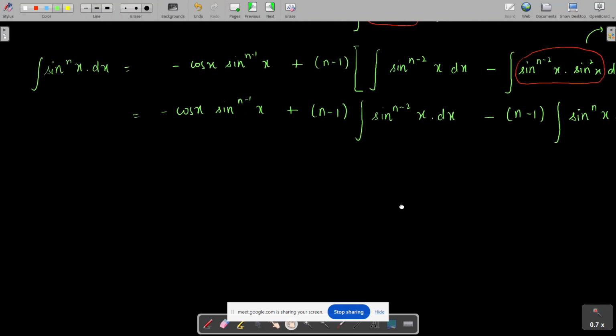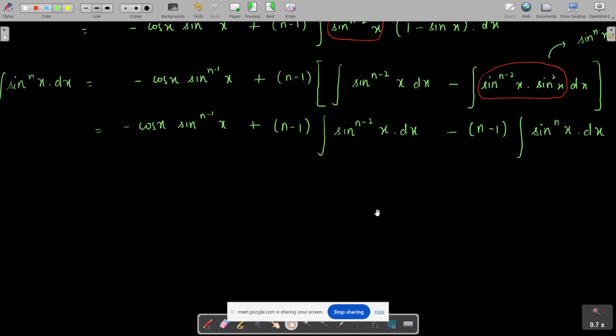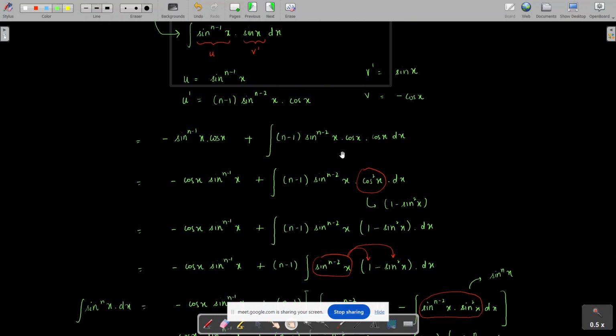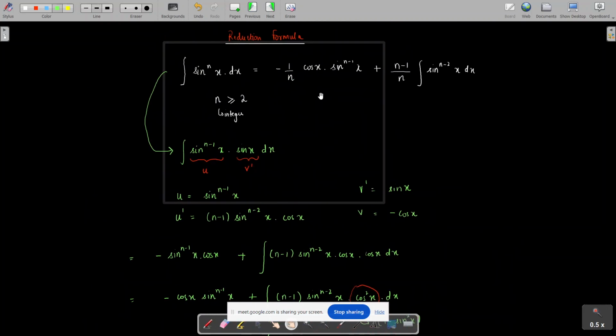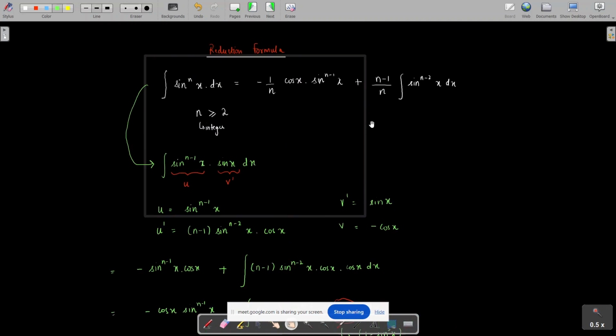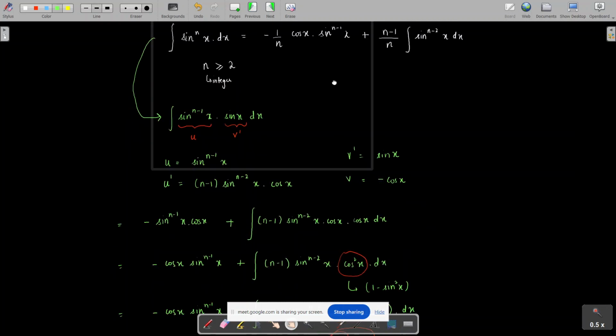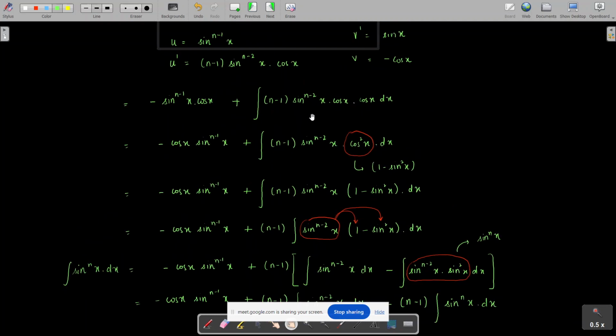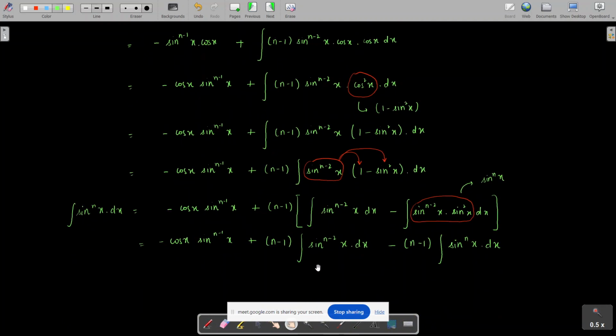Are we good so far? Yes. And if we go back and look at our reduction formula, it says n minus 1 over n. So when you have sine n minus 2, this is multiplied by n minus 1 over n. So we already have this n minus 1.